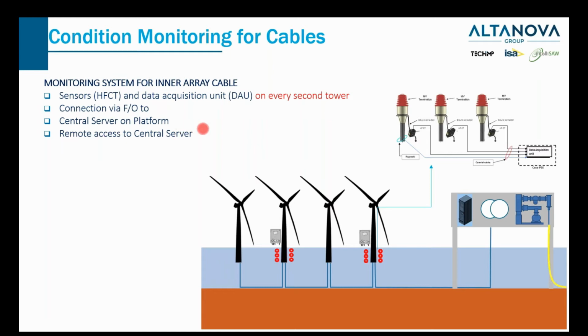It will be a rack with the server, with the power supply and watchdog and the UPS to support the central server. And apparently, the central server can be accessed remotely as long as it's allowed by the customers. So that's a general configuration of the monitoring system.